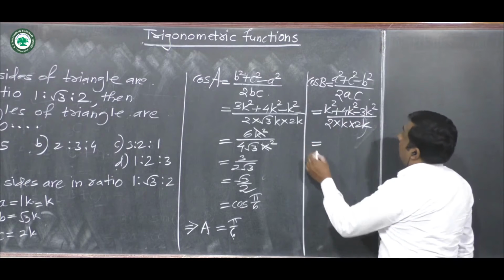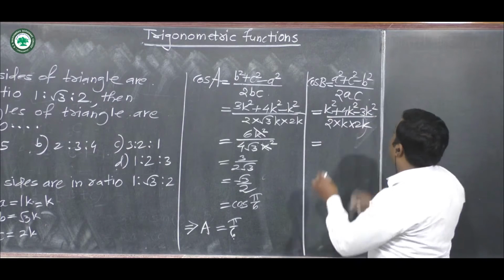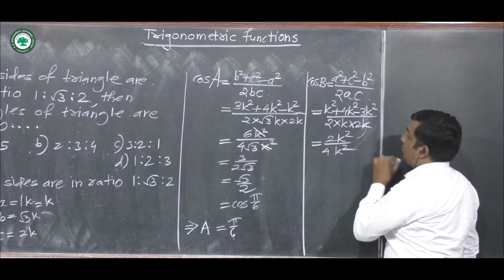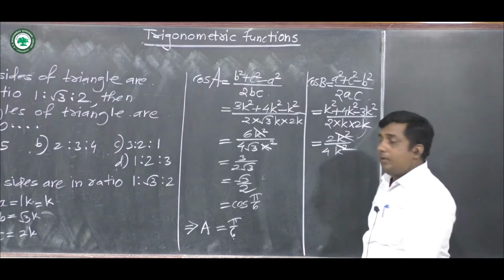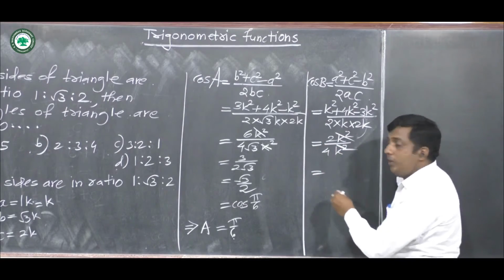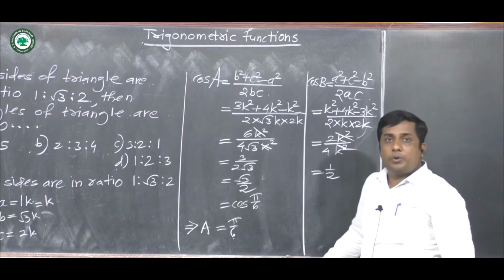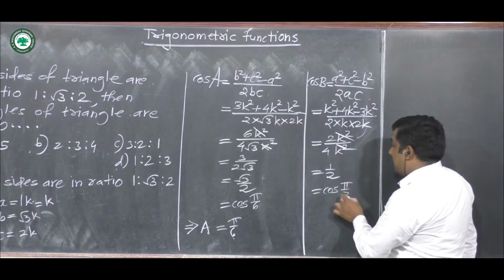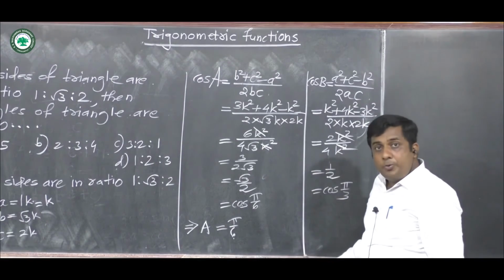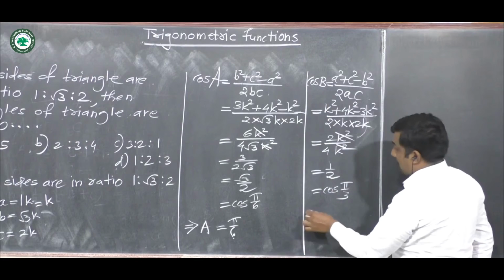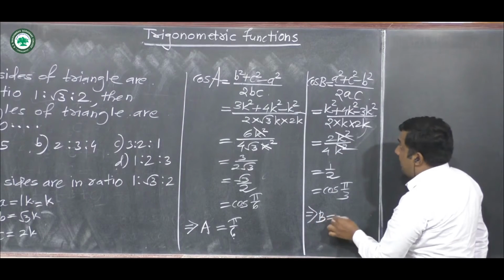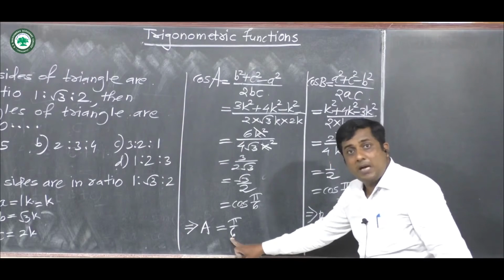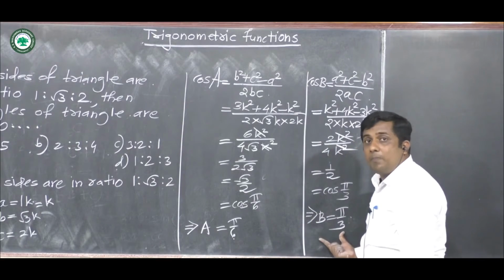This is equal to, we know 5k square minus 3k square is 2k square, divided by 4k square, k square cancel, only remains 2 upon 4, we know 2 upon 4 is 1 upon 2, and we know here cos pi by 3 is 1 upon 2. Okay, if we compare both the sides, here we get B, and B is pi by 3. Now we know angle A is pi by 6, we know angle B is pi by 3.